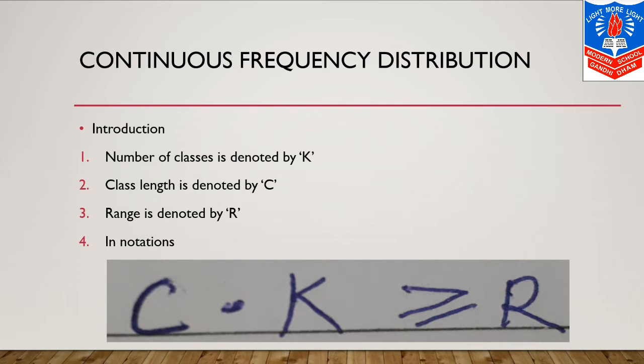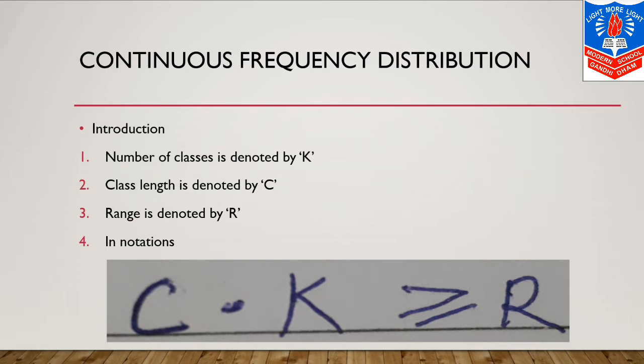Yes, students, but over here you're supposed to see that this is accepted as a universal trend which may not be true for every study. Under some special circumstances, the number of classes may be less than 6 or more than 15.